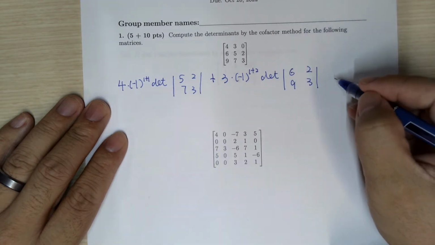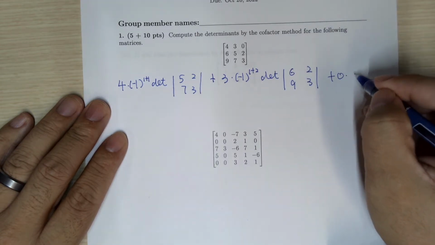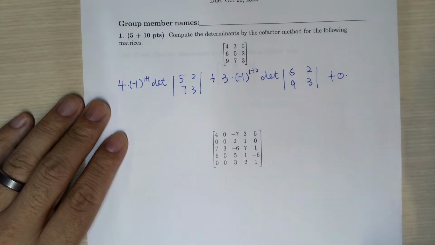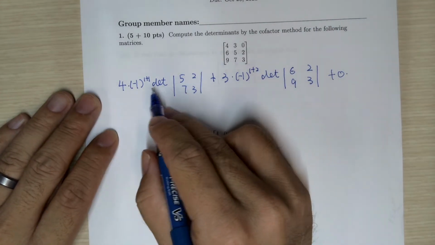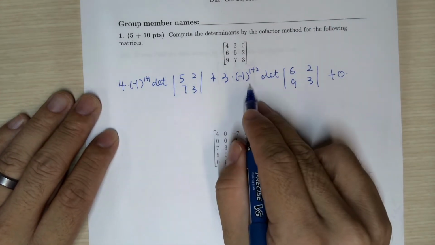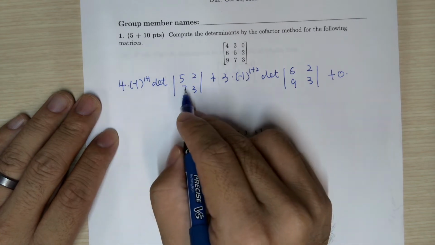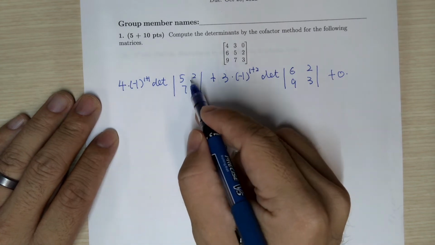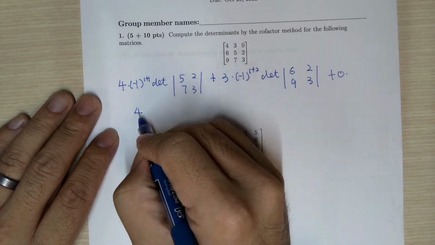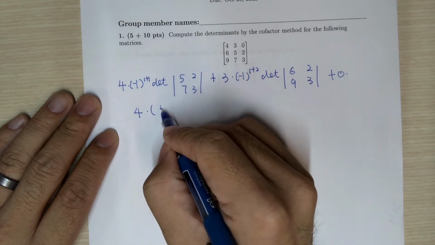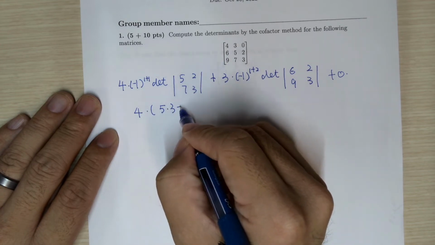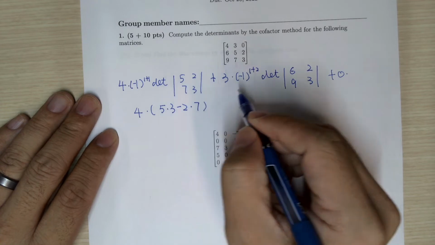And then plus 0 times the rest, right? Then this part is 1, this is negative 1. So the determinant is 4 times 5 times 3 minus 2 times 7, right?